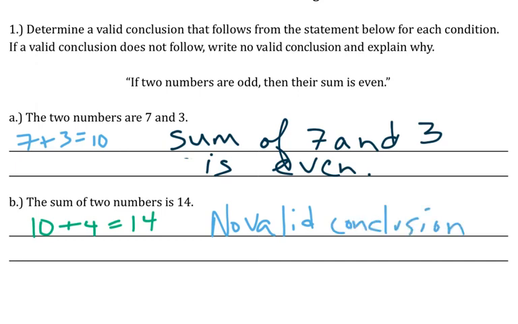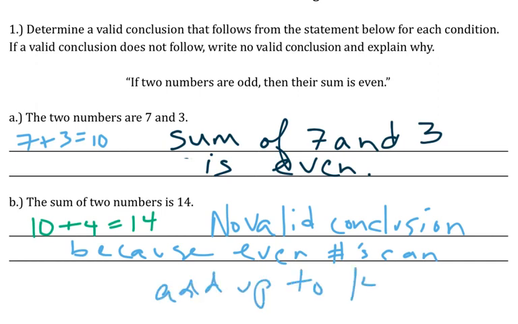And I would explain myself by saying because even numbers can add up to 14. So it doesn't have to depend on the two numbers being odd.